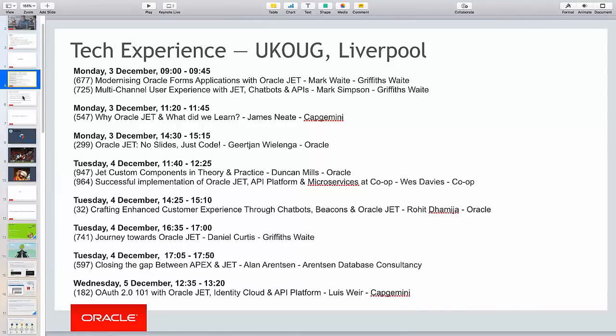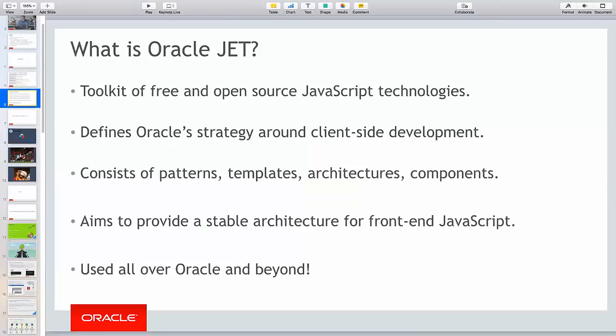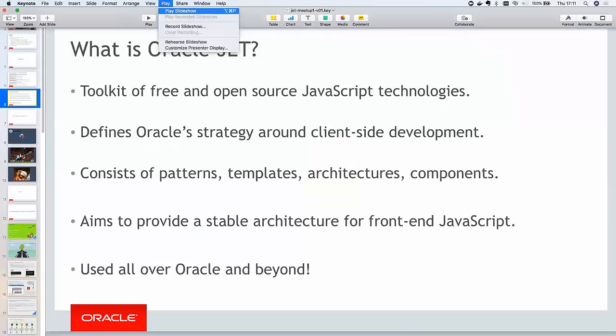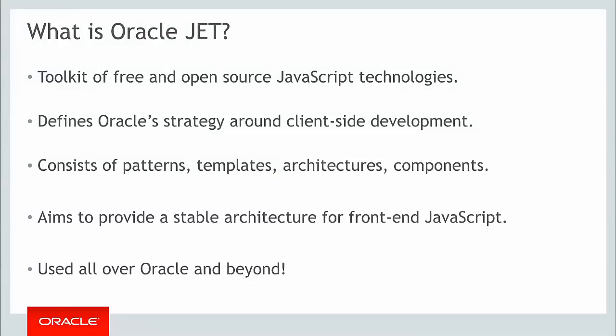I'm now switching to another slide. It's going to take a while to load, but I'm just going to talk through it. Some people who are in this meetup, I'm sure, are new to JET, so just to give a very brief summary of what it's about. For those of you new to JET, JET is Oracle's JavaScript Extension Toolkit. It defines Oracle's strategy for doing client-side JavaScript development.